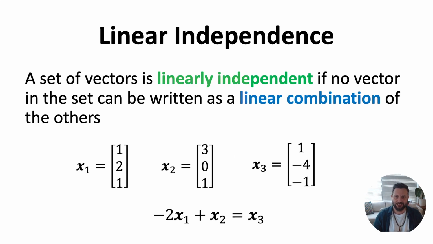So what does this mean? Let's look at one example. I have 3 vectors here, and it's not directly visible, but the third vector can be obtained from the first 2 vectors, so that makes them linearly dependent. If I multiply x1 with -2 plus x2, I get x3.